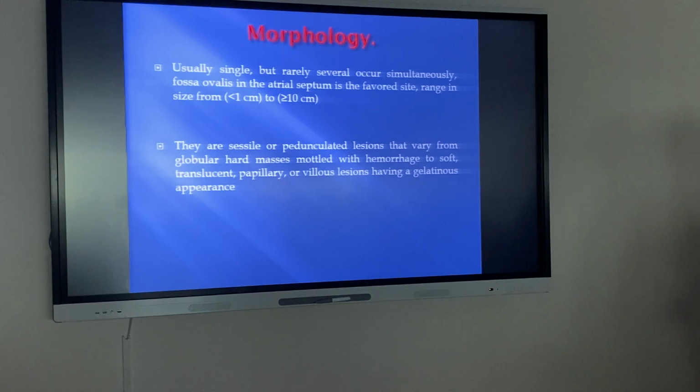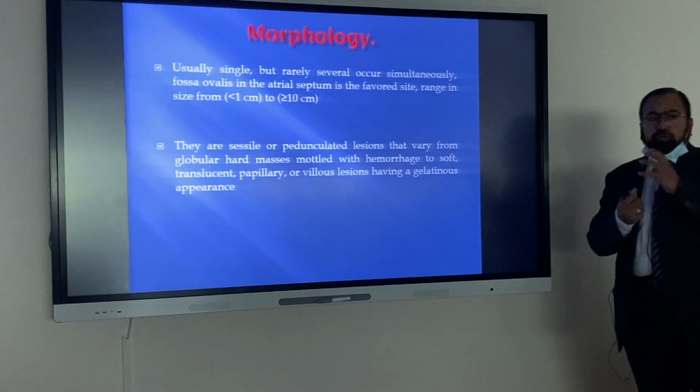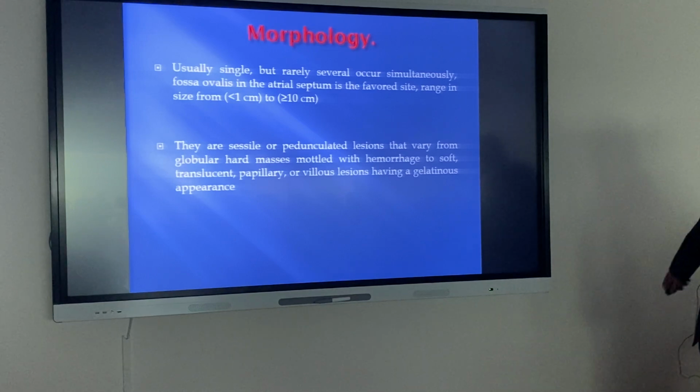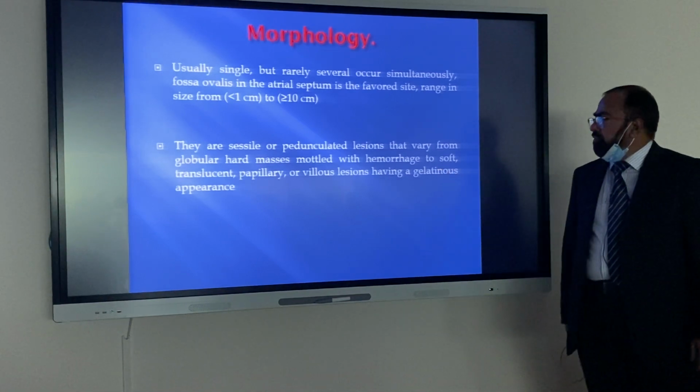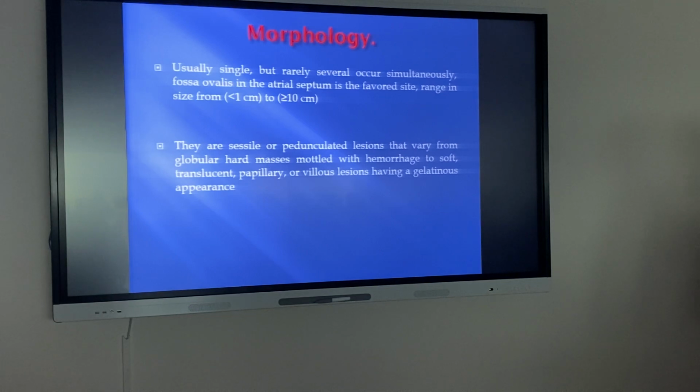Pedunculated lesions vary from globular heart masses mottled with hemorrhage, because in the heart it is all the time in contact with blood. They are soft, translucent, papillary or villous lesions with a gelatinous appearance. Basically, myxomas are gelatinous in appearance.